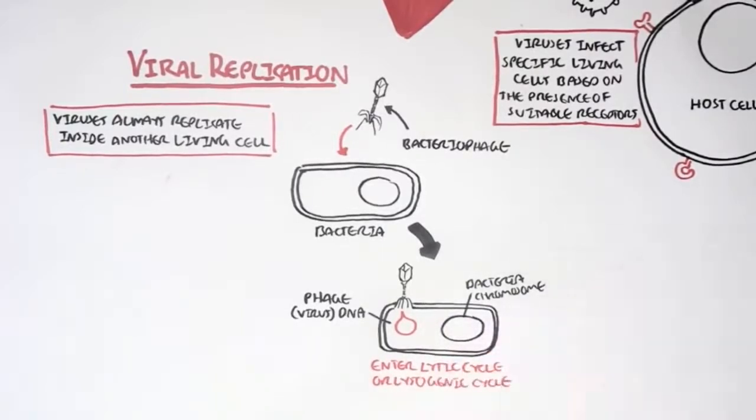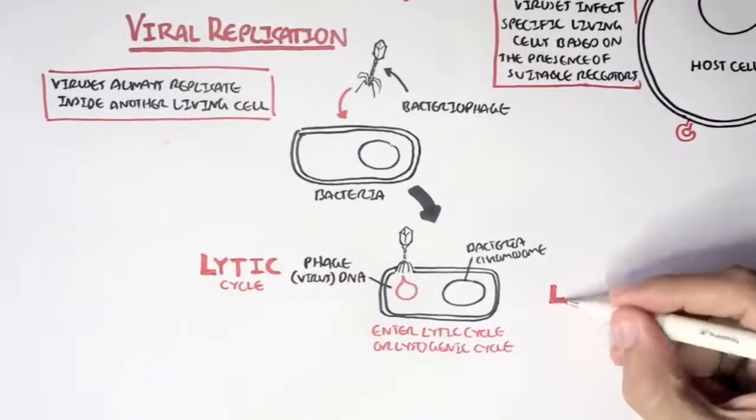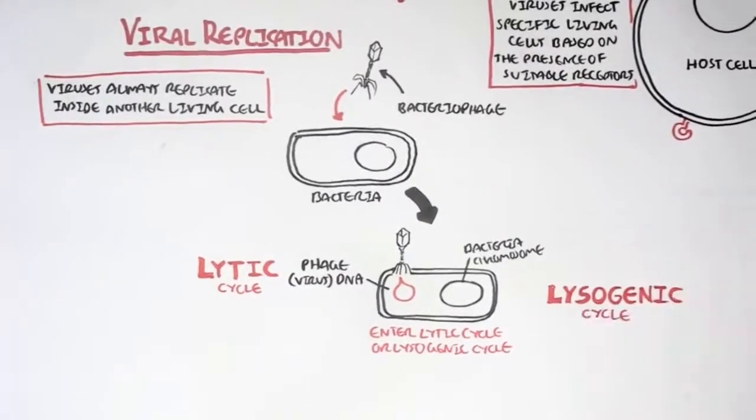The DNA is known as the phage DNA. From this point, the viral infection can enter what's called the lytic cycle or the lysogenic cycle. As a general rule, you can remember that lytic sounds like lysis, and lysis means to burst. So this lytic cycle will result in the bacteria bursting, dying basically.